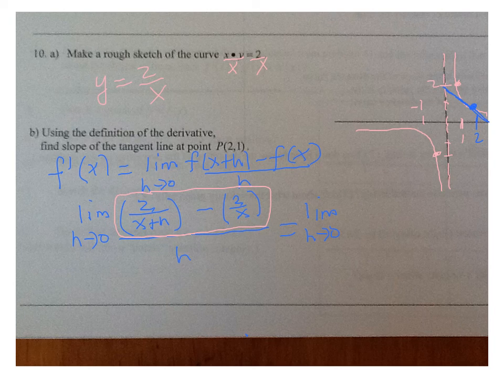Well, because they're fractions that need to be subtracted, they need to have a common denominator. That common denominator is x times x plus h.